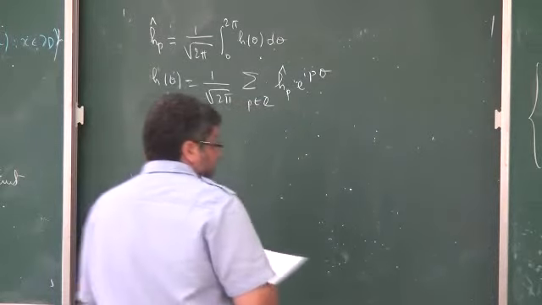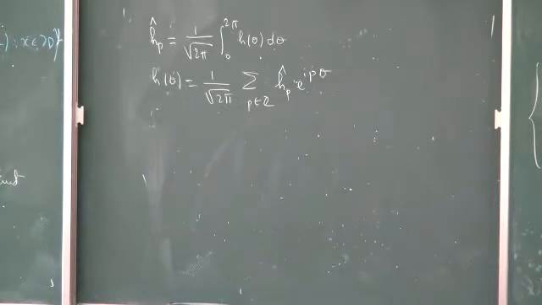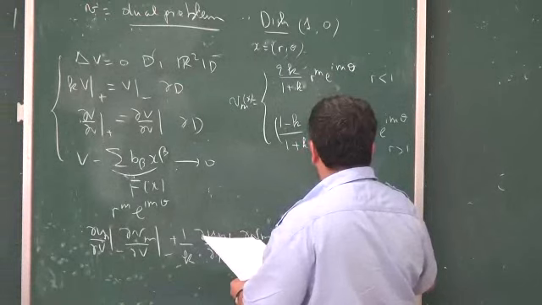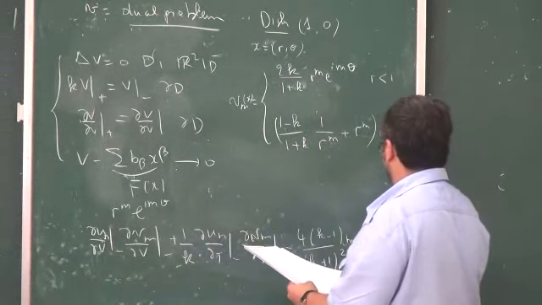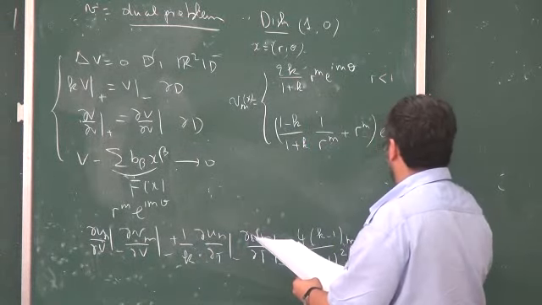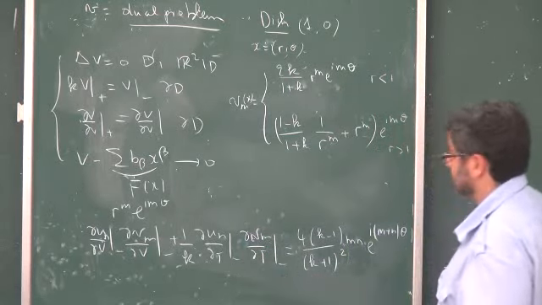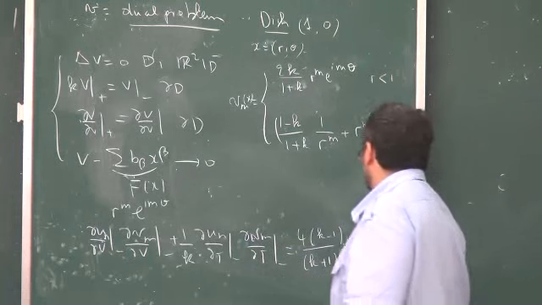So if you compute this quantity for r equal 1, you will find this is 4 (k minus 1) over (k plus 1) squared, m times n, exponential e^{i(m plus n) theta}. That's all. This is for r equal 1.